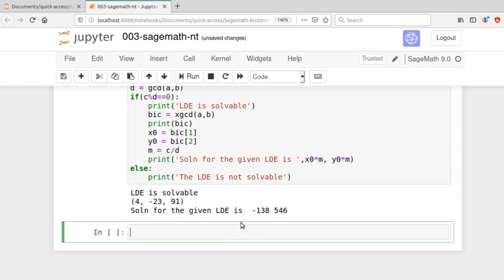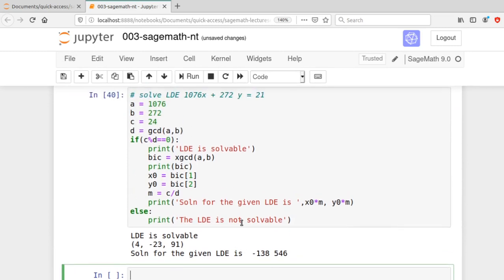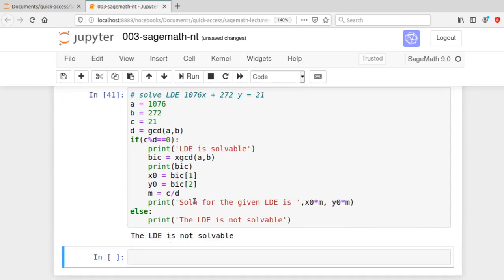The LDE is not solvable. So the LDE is solvable if and only if the GCD divides C. So we have completely found how to find the Bezout identity coefficients and how to solve two variable linear equations using Bezout identity and SageMath.